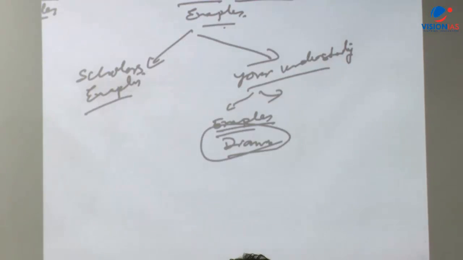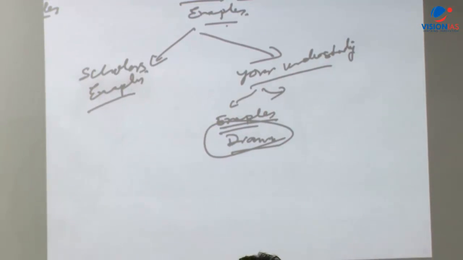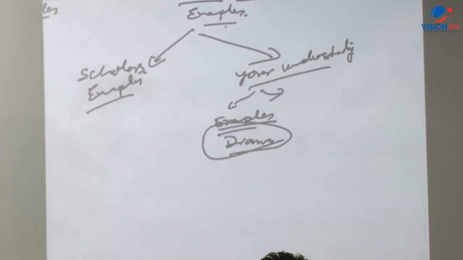Now, this approach of drawing your examples, I call diagram orientation. You have to develop a diagram orientation. You don't have to develop diagrams. You have to develop an orientation to diagram. Means every time you think, you have to think, how will the diagram application orientation develop? You have to think, does it happen somewhere?